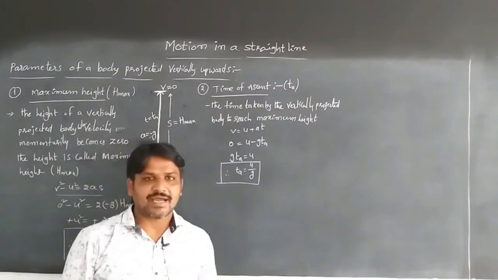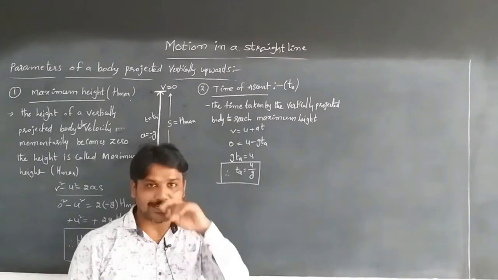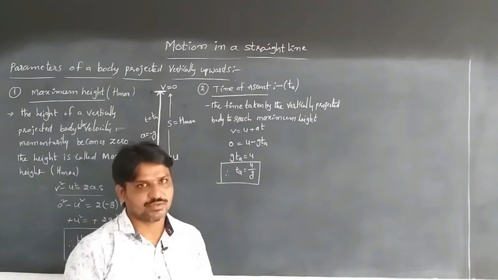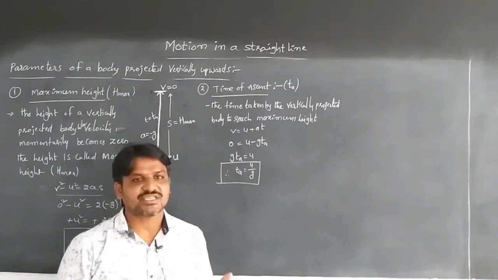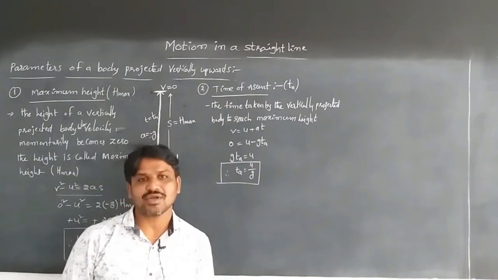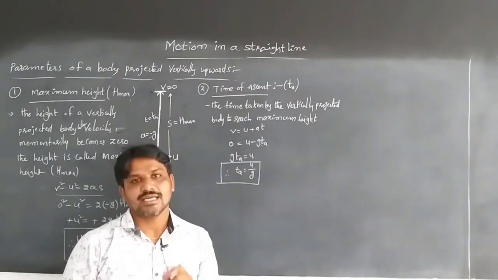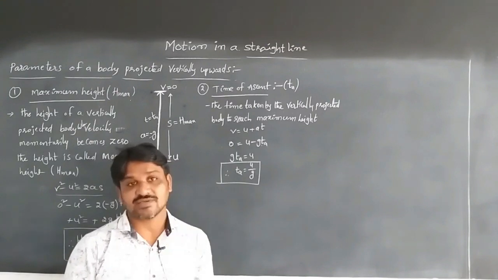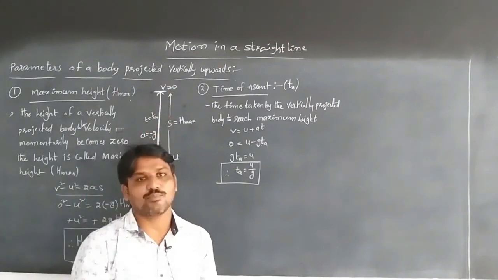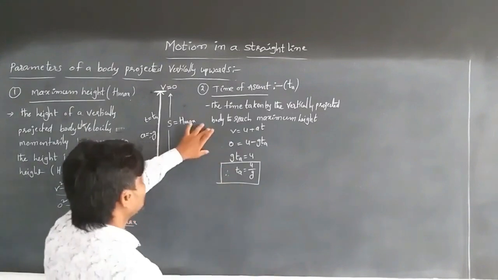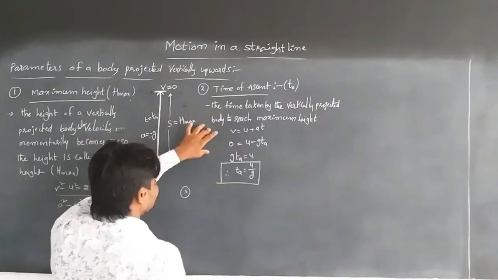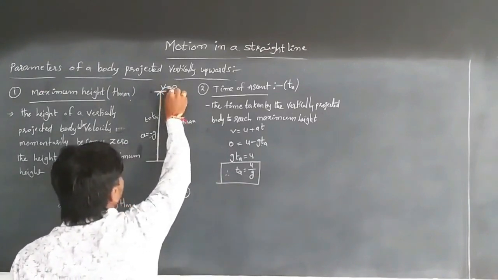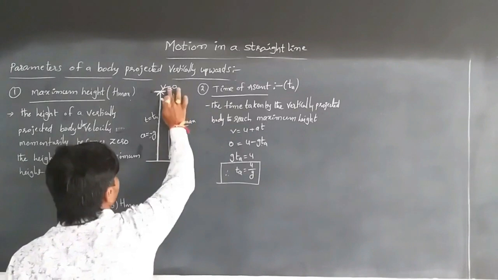After reaching the maximum height, the velocity becomes 0, but its acceleration is not 0. So that body will return to the same point of projection, that is, to the ground.